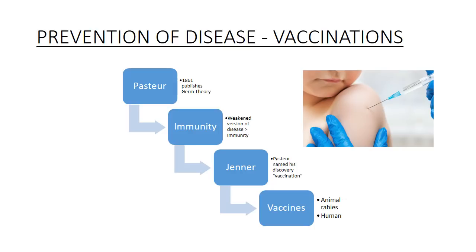So they did various experiments and proved that this happened, and Pasteur decided to name this discovery vaccination in honour of Edward Jenner, who he admired. This led to the development of all kinds of animal vaccines, rabies, chicken cholera, and eventually other scientists began to develop vaccinations for other human diseases.